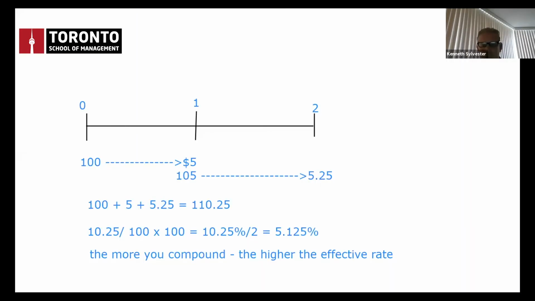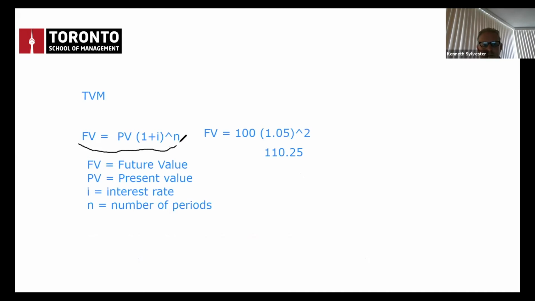All right, back to the course. I showed you the future value calculation when we are compounding. This part right here is what's known as the interest factor.